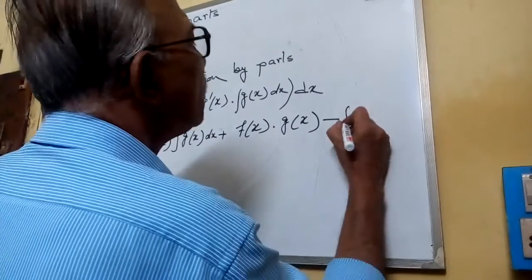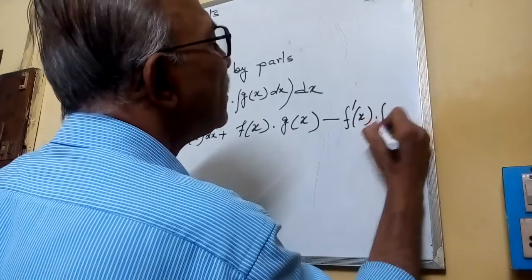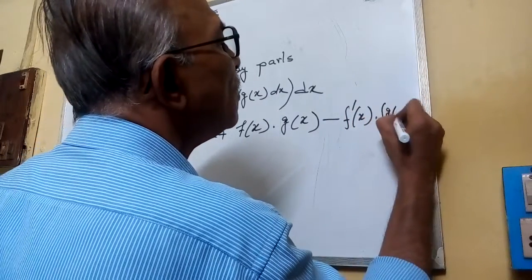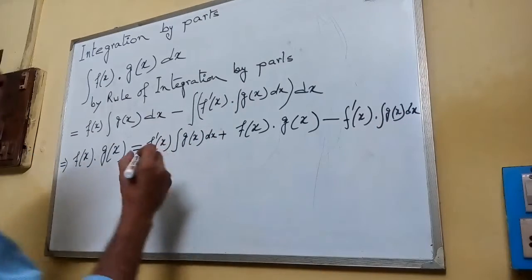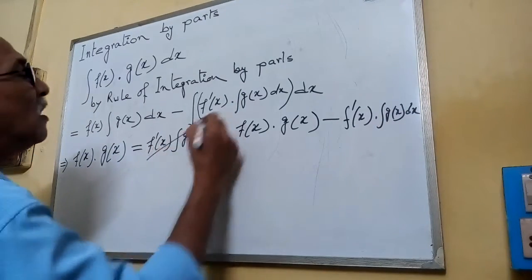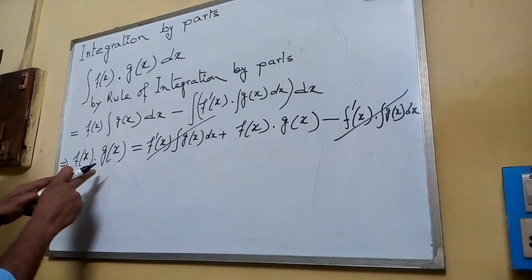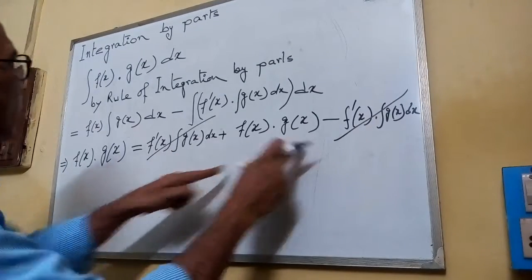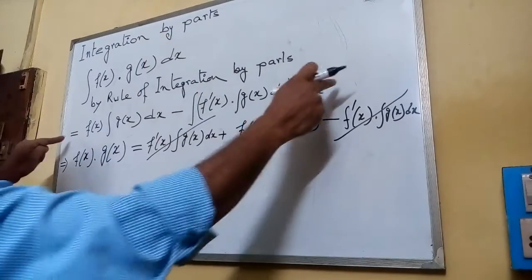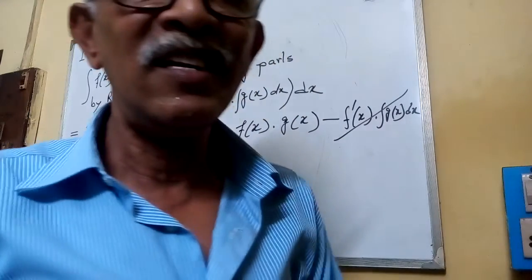So it becomes f dash x into the integral of g(x) dx. Now see, this part and this part are the same, so it is cancelled. The left hand side is f(x) g(x) and the right hand side is also f(x) g(x). That means this one is equal to this one. Hence the rule is correct.